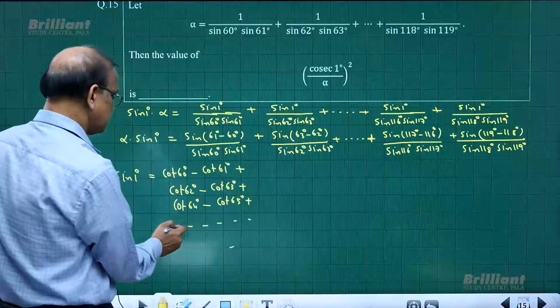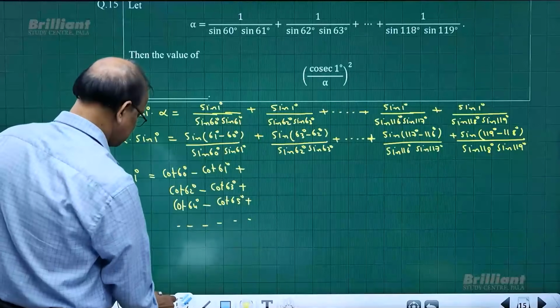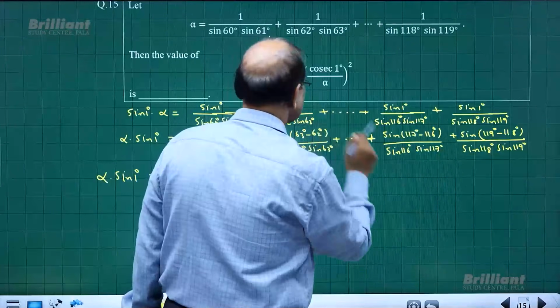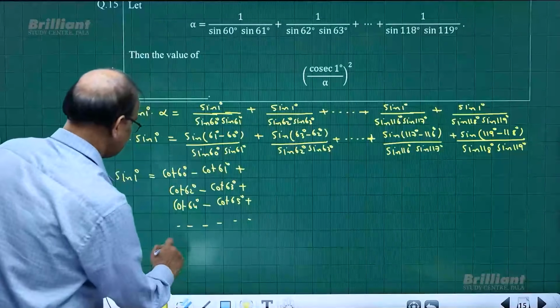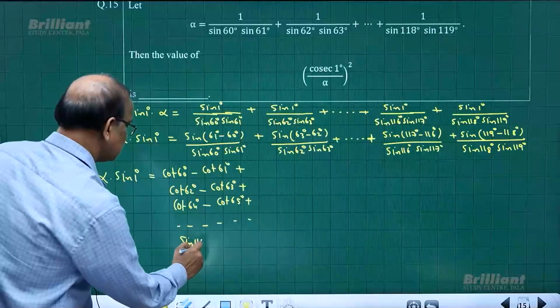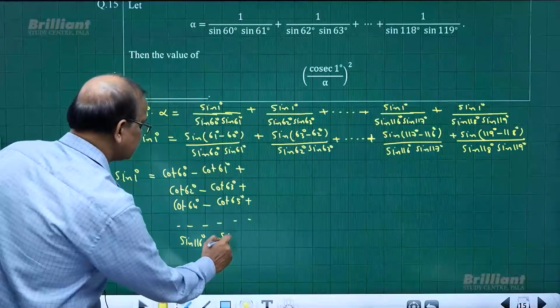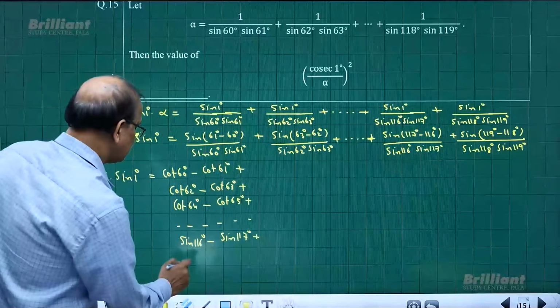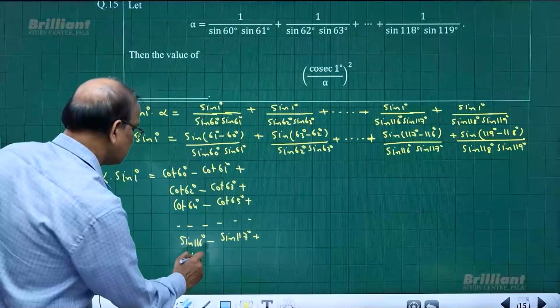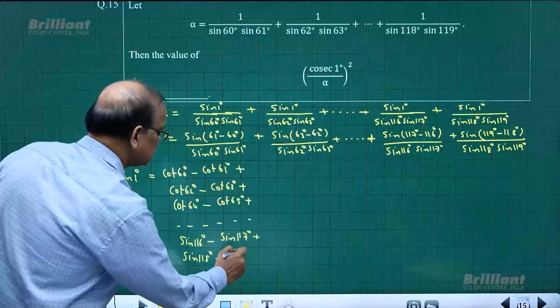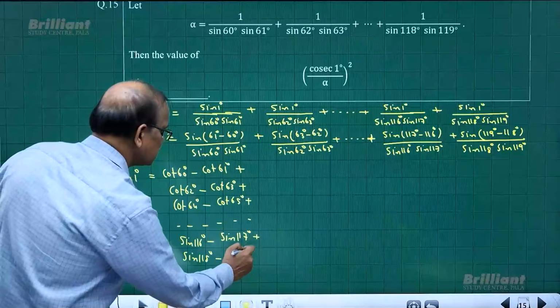Last, what is that? We'll get the last, right? Last is here: 116 minus 117, right, plus 118 minus 119. Yes, these are the numbers.